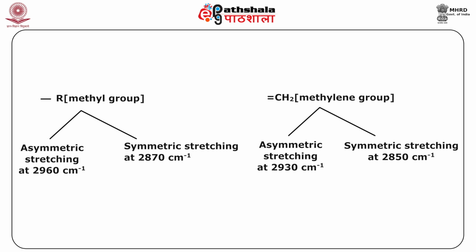A methyl group usually shows two strong and distinct bands, one at 2960 centimeter inverse due to asymmetric stretching and the other at 2870 centimeter inverse due to symmetric stretching, while the methylene group shows asymmetric stretching at 2930 centimeter inverse and symmetric stretching at 2850 centimeter inverse.